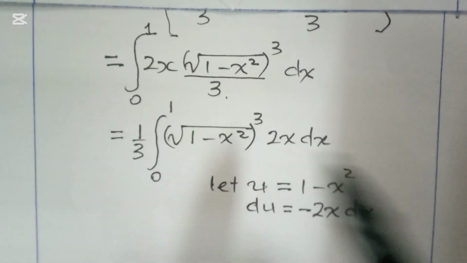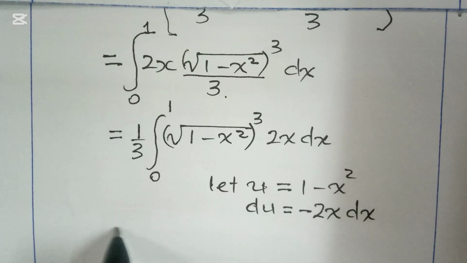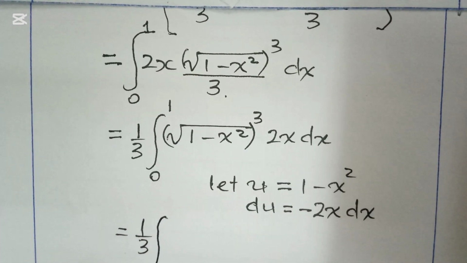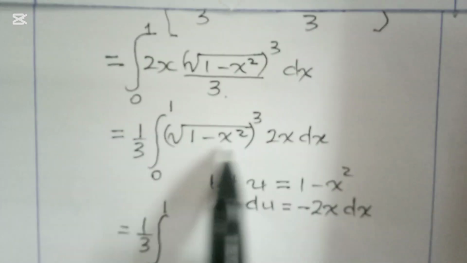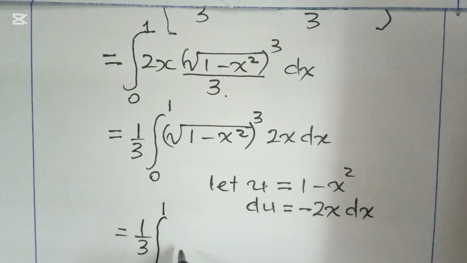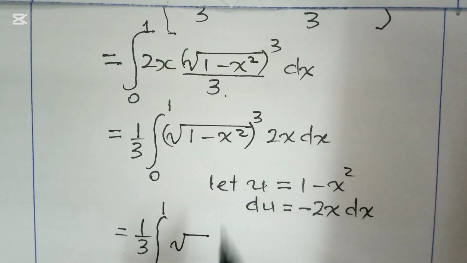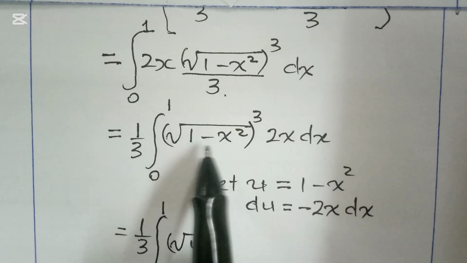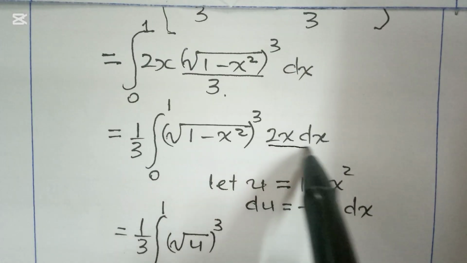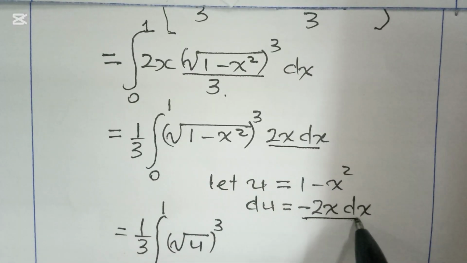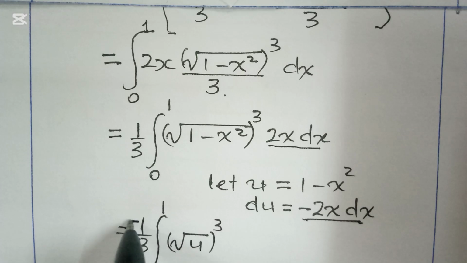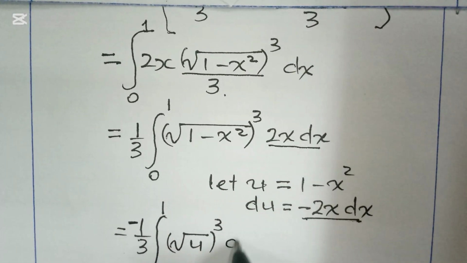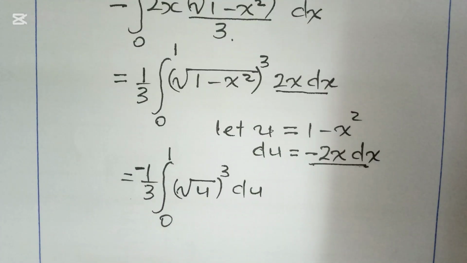It will now be a third integral from 0 to 1. We replace this with that, so that is going to be square root of u raised to 3. Then we replace this for that. Note that we have a negative, so we put a negative there, and then we put our du instead of that. That's what we are going to have.